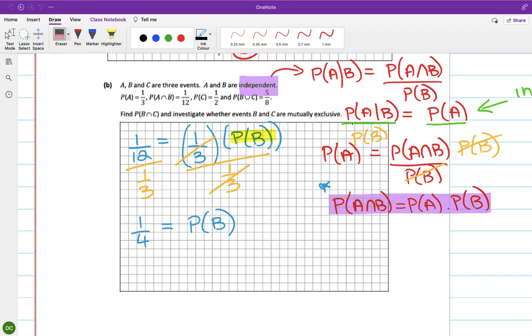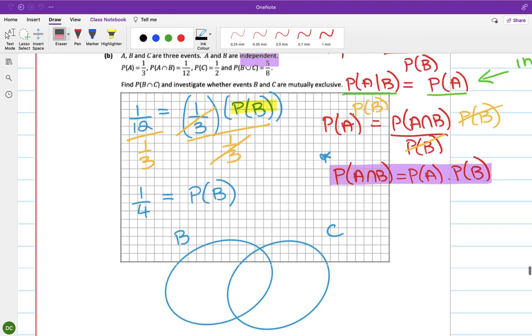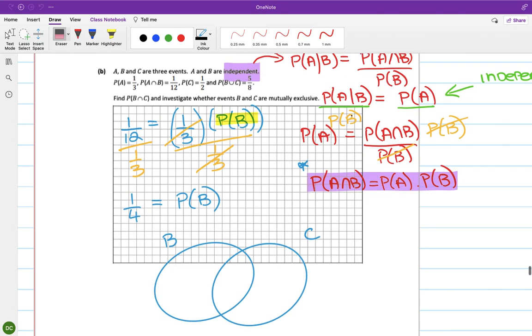If that's B and that's C, then B intersection C is what we're trying to find, this bit here.